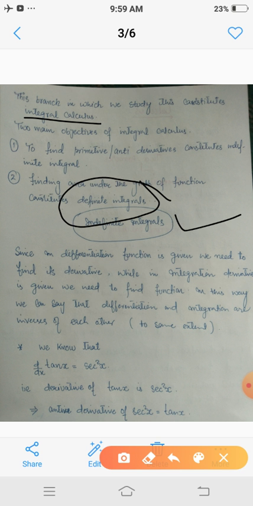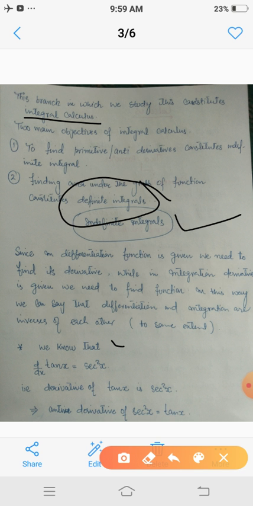In this way we can say that differentiation and integration are inverses of each other to some extent. Later on I will show you with an example whether differentiation and integration are generally inverses of each other. That is why I write here "to some extent".